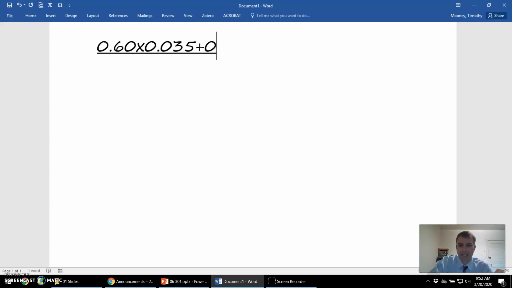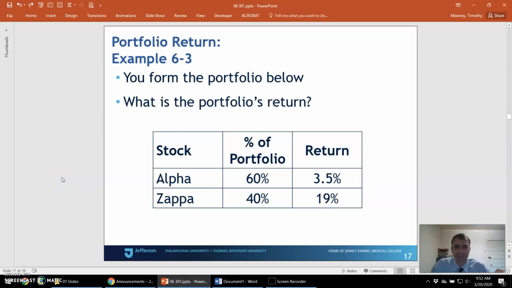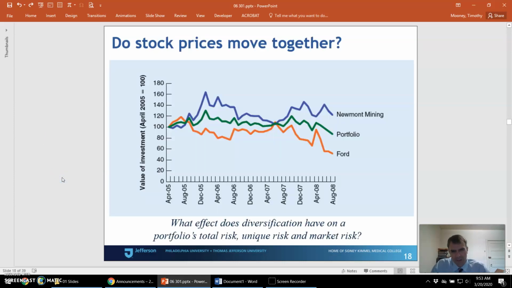And then here's the weight in stock B, stock Zappa times stock Zappa's return. Computing a portfolio return hopefully is pretty straightforward. Talk to me offline about it if you want to go over it in more detail. I'd be happy to. So a portfolio's return is a weighted average of the individual stocks' returns.